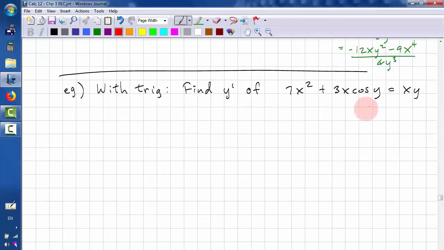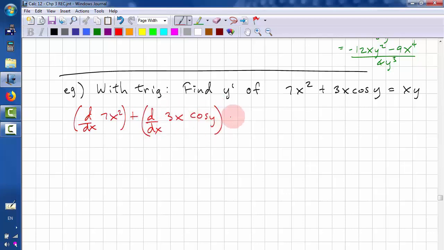Okay, let's look at one example with trig in it. Let's just follow the steps. Okay, so we're going to differentiate each term. d dx 7x squared plus d dx 3x cos y equals d dx xy.